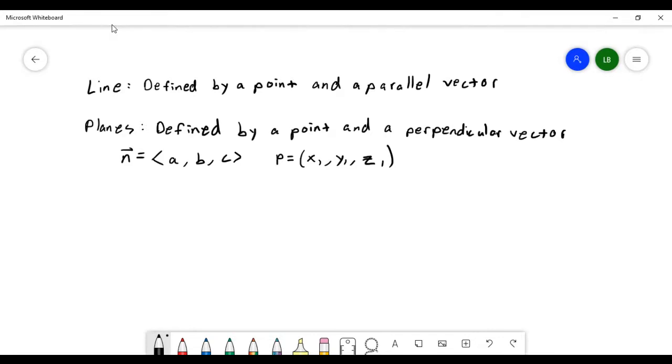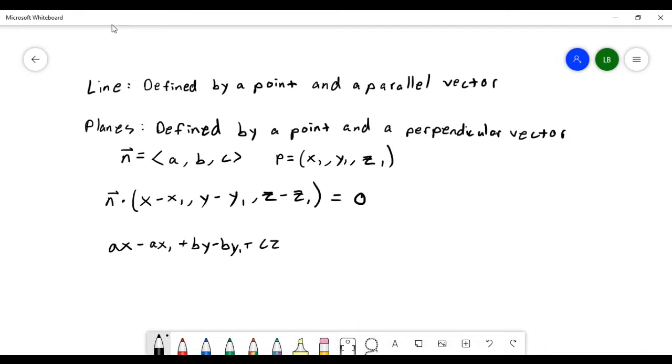Then the equation of a plane is simply n dotted with x minus x1, y minus y1, z minus z1. And then you set that equal to 0. And that comes out to be ax minus ax1 plus by minus by1 plus cz minus cz1.